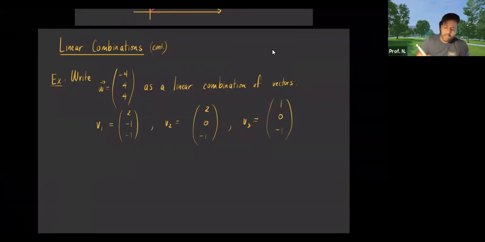Now, what does this mean again? Whenever you're given vectors such as this, we're given one vector and a set of other vectors for which you want to find a linear combination.